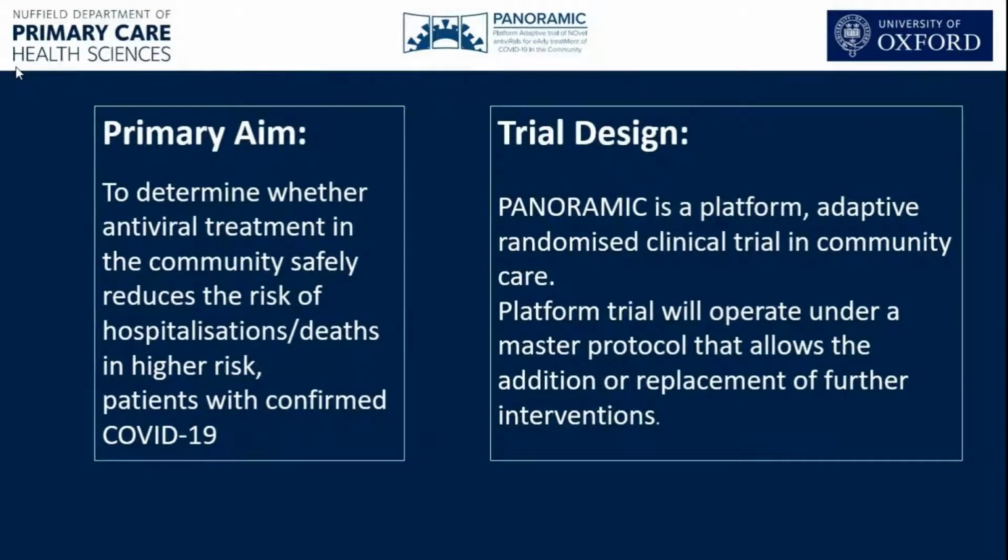The primary aim of the trial is to determine whether antiviral treatment in the community safely reduces the risk of hospitalisations and deaths in higher risk patients with confirmed COVID-19. PANORAMIC is a platform adaptive randomised clinical trial in community care, and this means it will operate under a master protocol that allows the addition or replacement of further interventions as and when new treatments become available.